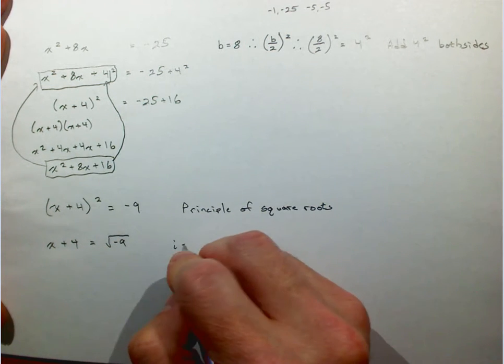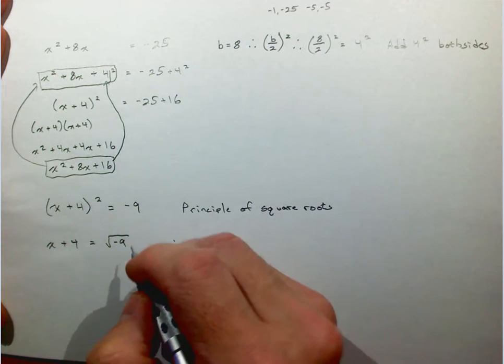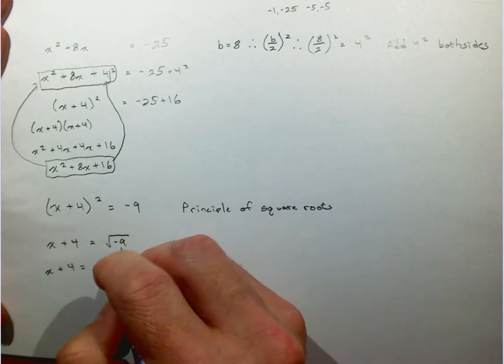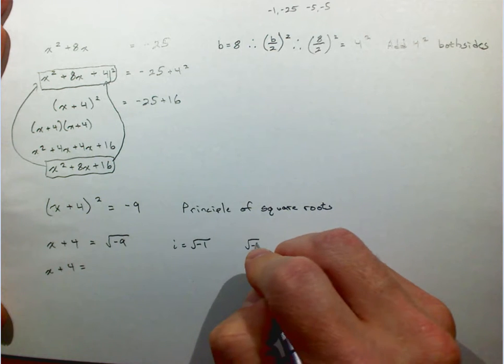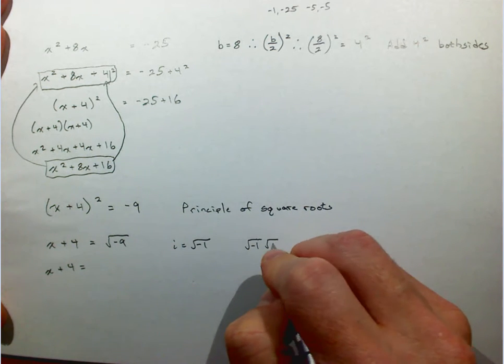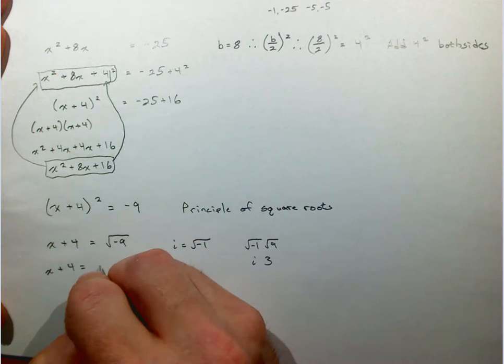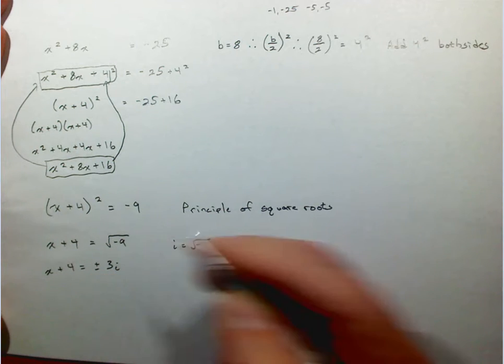And we remember i equals the square root of negative 1. So I'm pulling out an i. I have x plus 4 equals, and here I'll write this over here, I have a negative 1 and the square root of 9. That becomes i, the square root of 9 becomes 3. So plus or minus 3i.